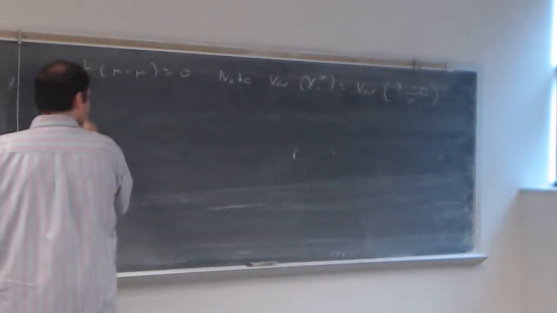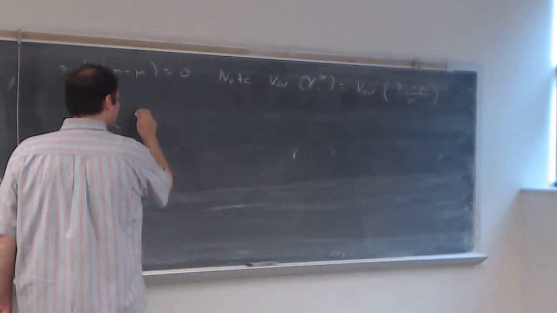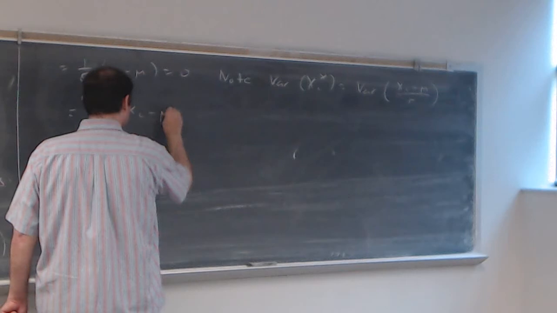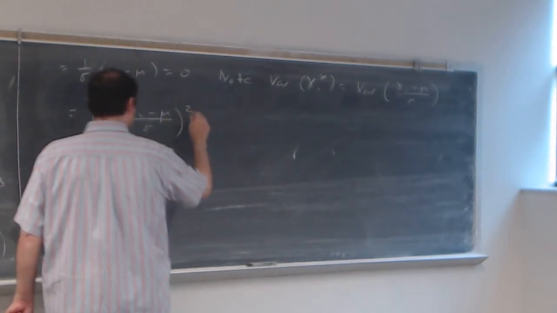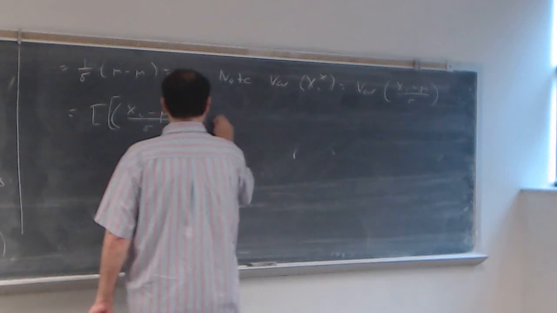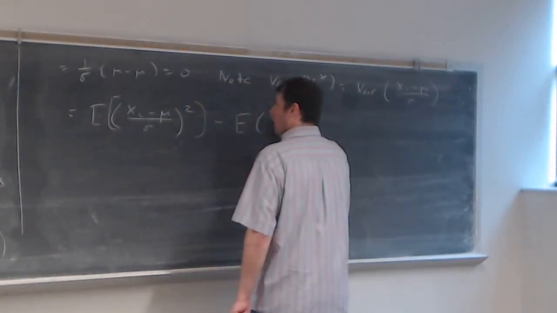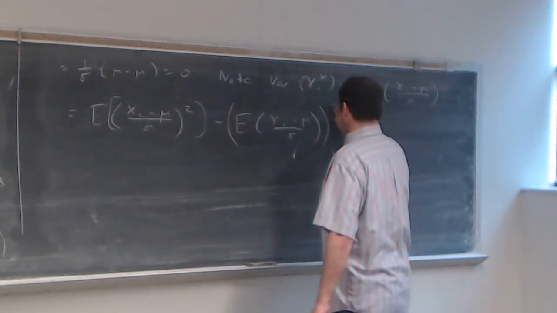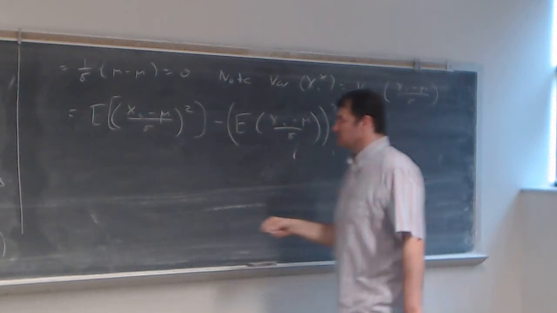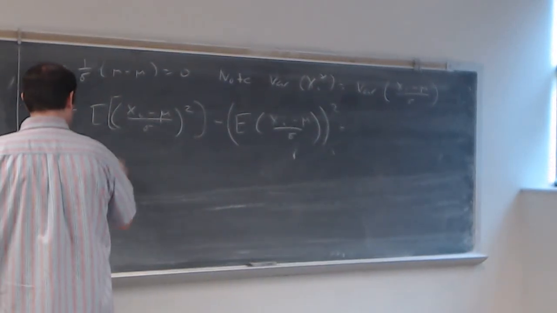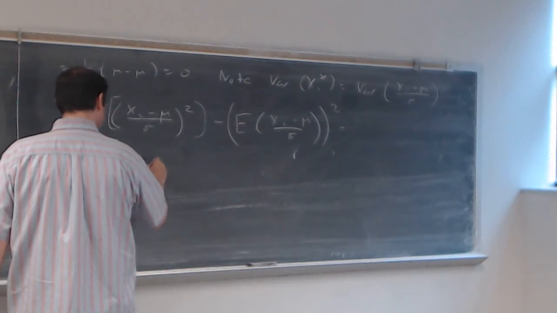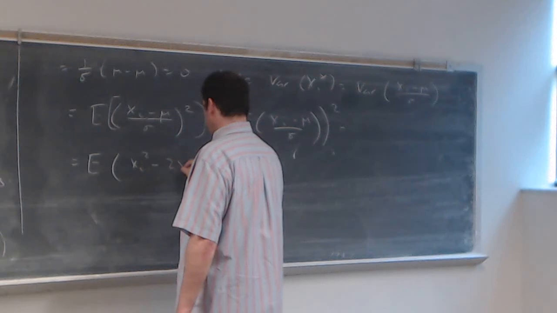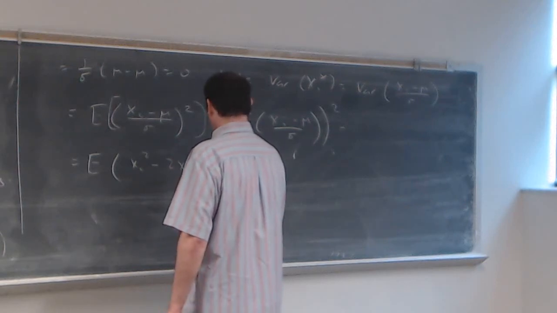That's equal to the expected value by formula of x sub i minus mu over sigma, squared, minus the expected value of x sub i minus mu over sigma, all squared, which we found to be 0 already. So this is equal to just this part, the expected value of x sub i squared minus 2 x sub i mu plus mu squared.